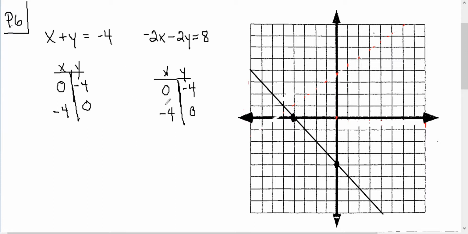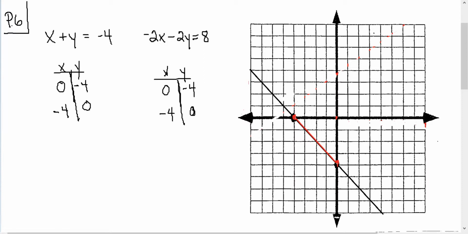Uh-oh. We got something going here. What is it? 0, negative 4 is here. I'll switch colors. 0, negative 4 is here. And negative 4, 0 is here. And when we draw this line, it is what? There's the line.